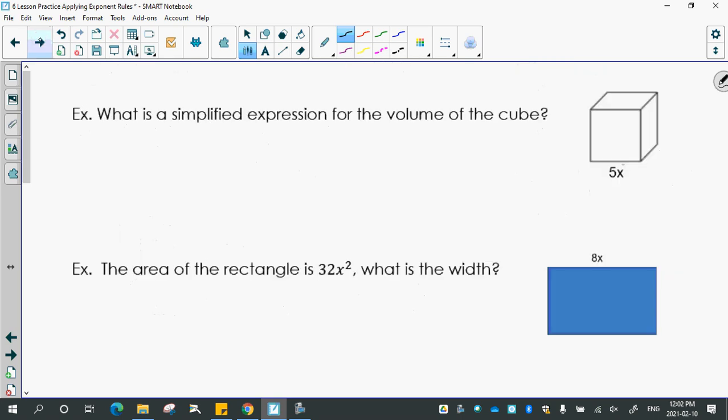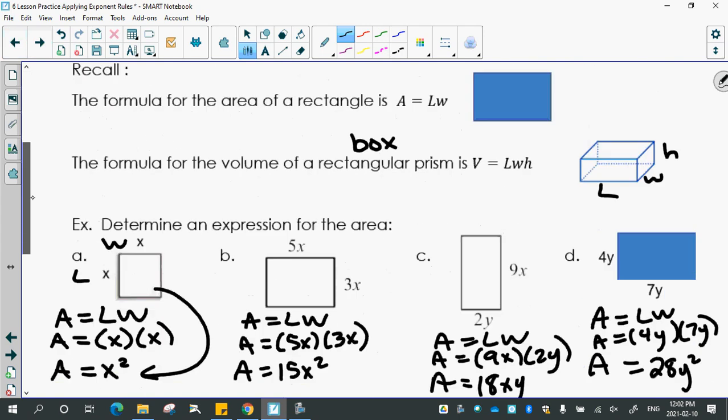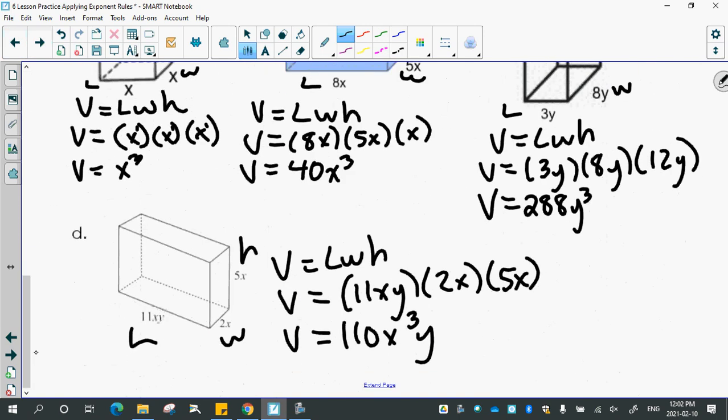All right. What is a simplified expression for the volume of the cube? Sorry? Did I miss a page? That's weird.